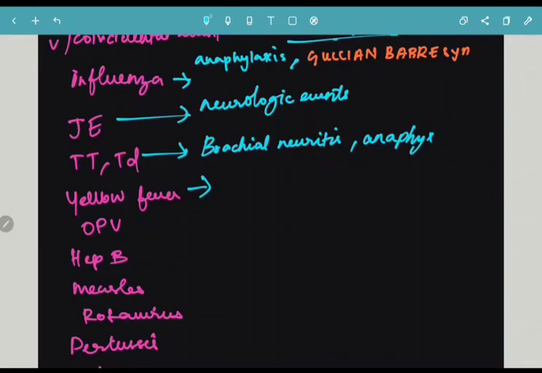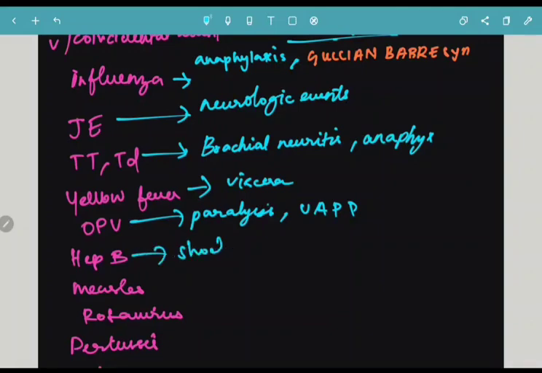Now yellow fever: vaccine associated viscerotropic disease, which is not very important. OPV: paralysis, vaccine associated paralytic polio, VAPP. Hepatitis B: hypersensitivity, shock, anaphylaxis. Measles can cause toxic shock syndrome as well as febrile seizures.